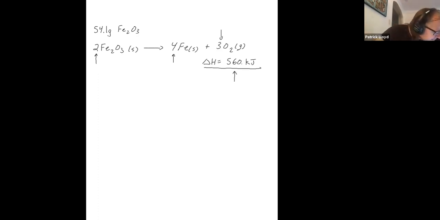So what we're really claiming is, if 2 moles of Fe2O3 react, okay, so I'm using that coefficient 2, the meaning of that is that we will get, I'm sorry, I'm going to use an equal sign. That is associated with 560 kilojoules of enthalpy change, which again, enthalpy change at constant pressure is merely the heat that is either absorbed or released in the reaction.